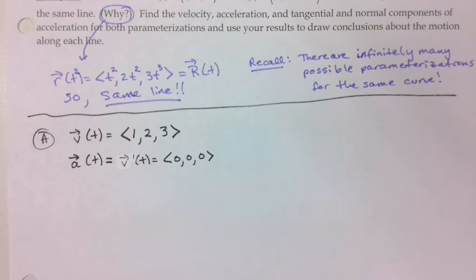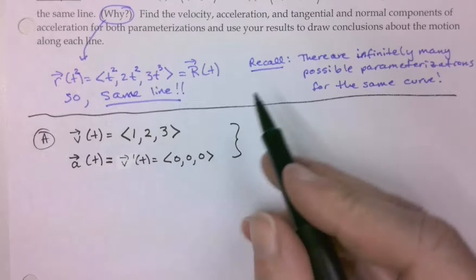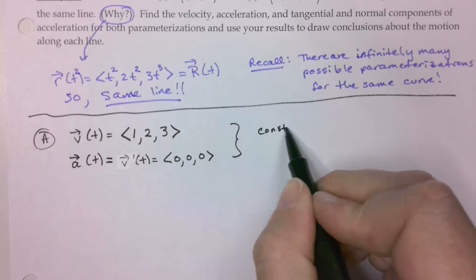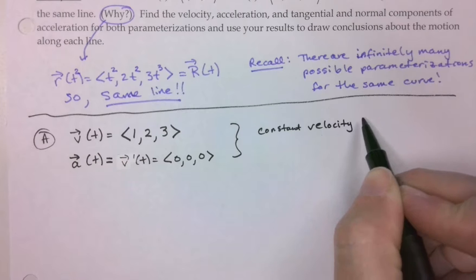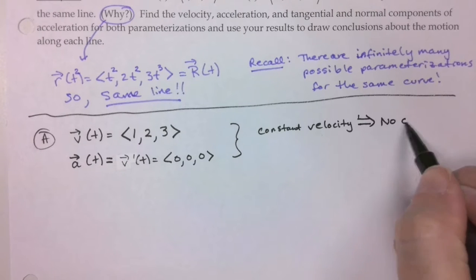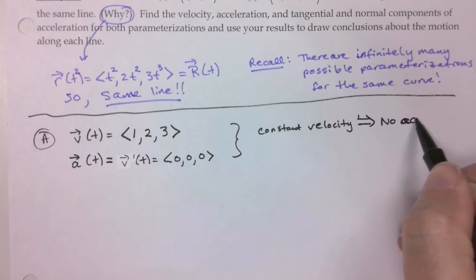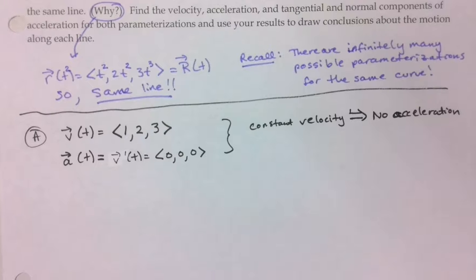Okay. Well, that means that there's, let's think about this, constant velocity, right? Because 1, 2, and 3 are all constants. And that yields no acceleration. Or if you like, 0 acceleration.